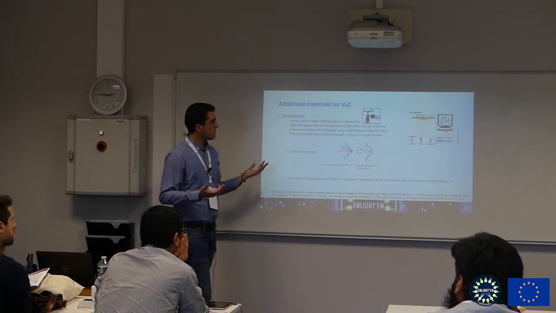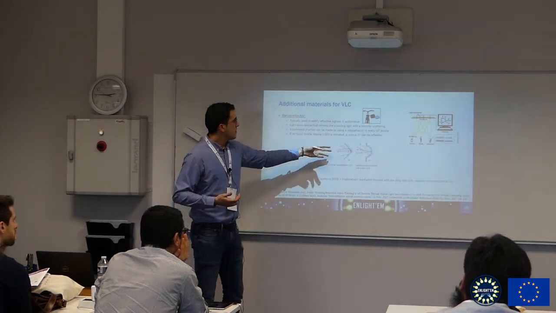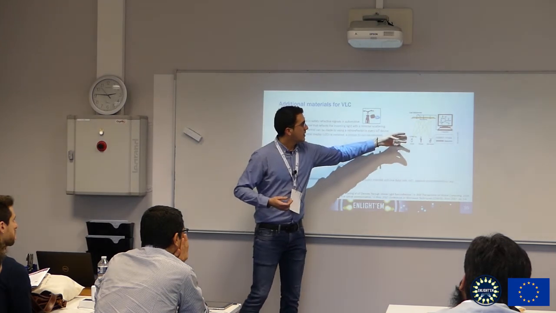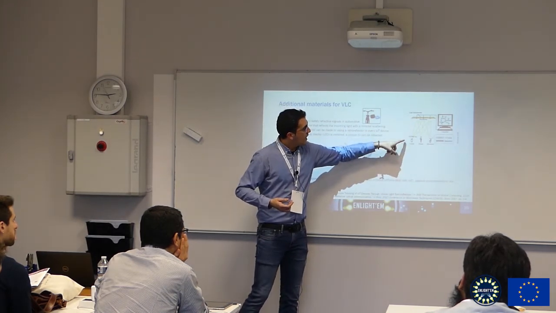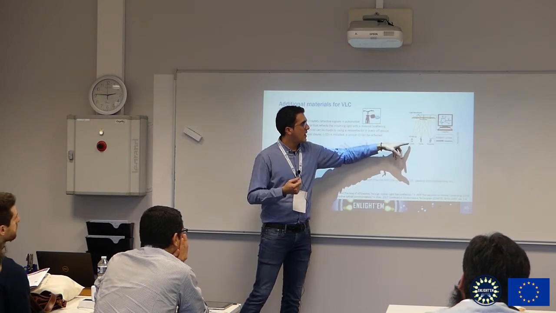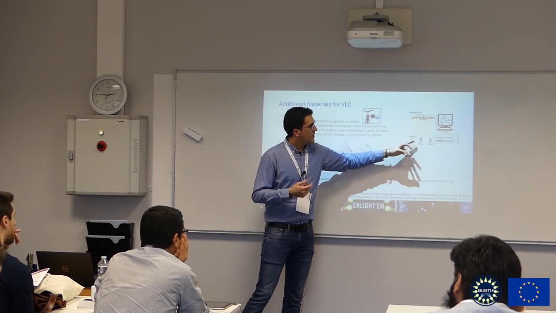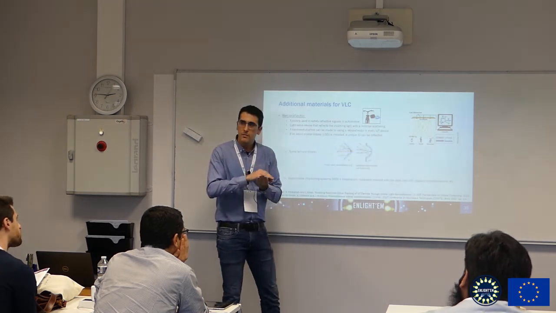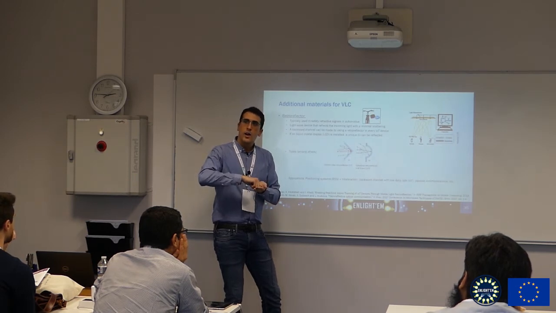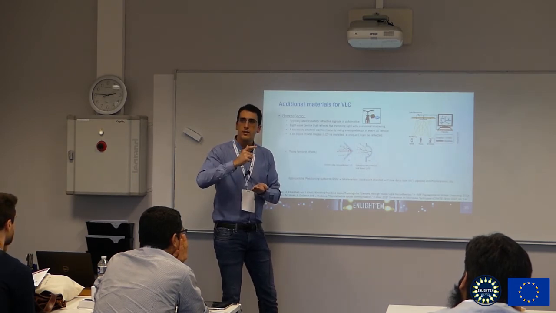For example, in this schematic here, I've included a scenario that is good for constructing an IoT scenario, because imagine that all these devices have a retroreflector, and by using some LCD shutter, we are able to send through the uplink some unique identifiers.